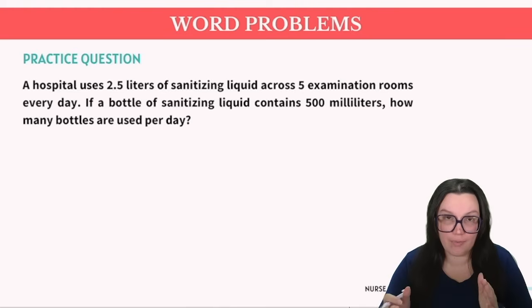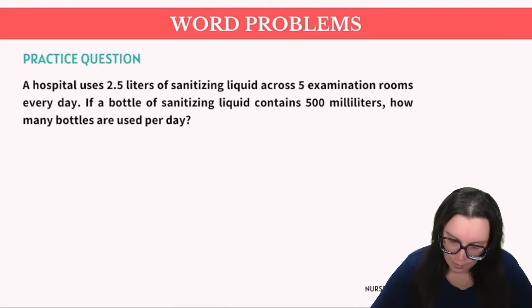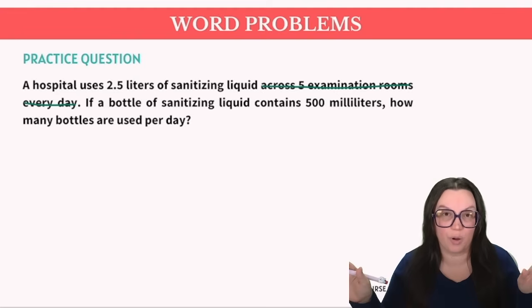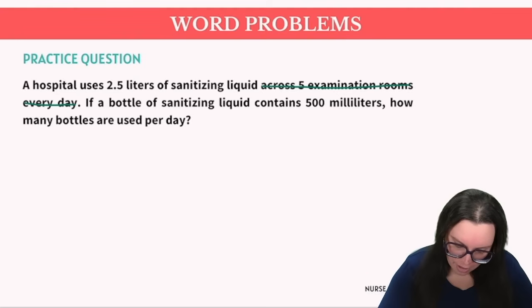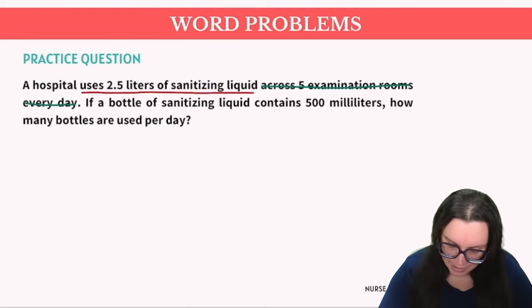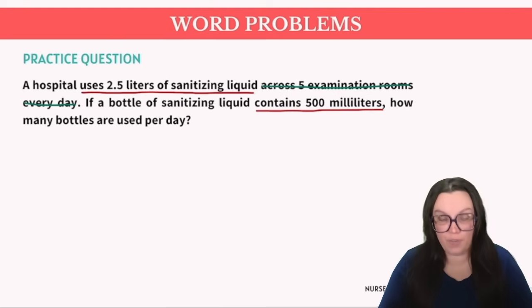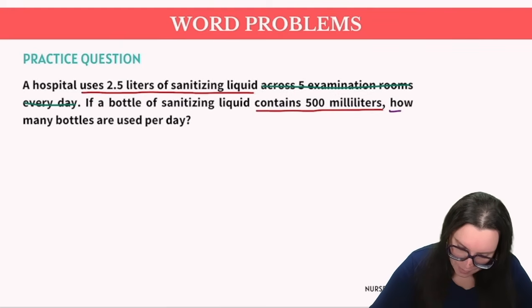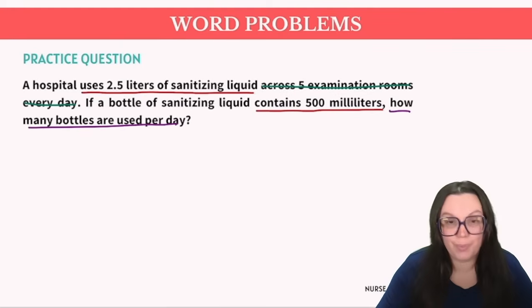So first, right off the bat, I'm just going to eliminate the fact that we have across 5 examination rooms every day because it has nothing to do with our problem. So we're solely focusing on the fact that we have a use of 2.5 liters of sanitizing liquid and the fact that each bottle contains 500 milliliters. So we have to figure out how many bottles are used per day.